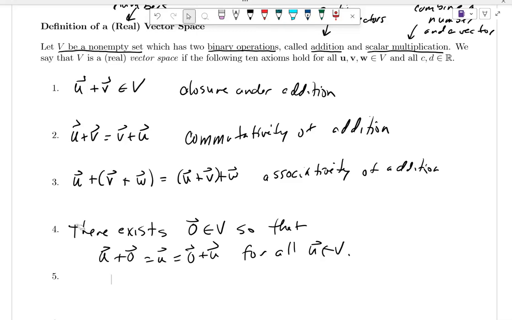Your 0 vector is dependent on what you're calling addition. Just because I'm saying the word addition doesn't mean we're adding. That's just the name we're giving for the operation. Okay? It's entirely possible we define addition as multiplication.